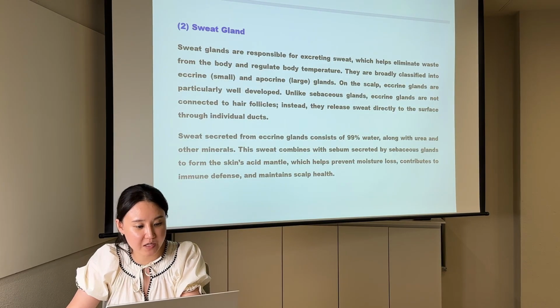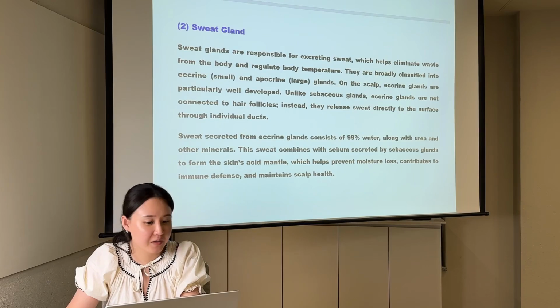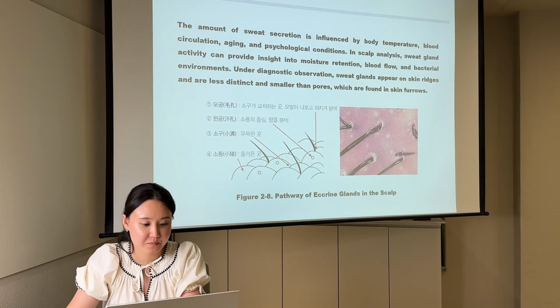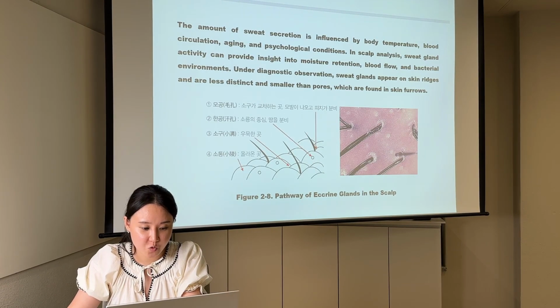When observed with a diagnostic device, sweat glands are located in the dermis of the skin. So compared to the pores present on the skin surface, their outlines are less distinct and they are smaller in size, making their shapes difficult to see clearly. As you can see in the photo, there is a connection between the pores and the sweat gland openings.